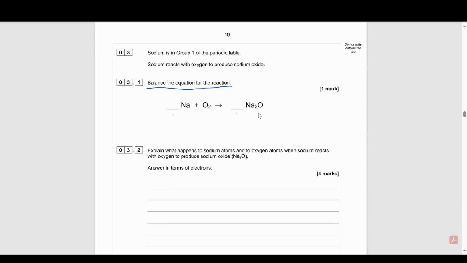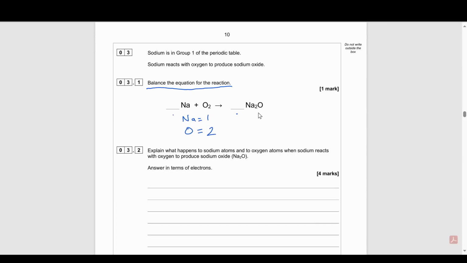So when balancing equations, what we should try to do is write out the atoms that we have on both sides of our equation, and we're looking to see which numbers are not equal. For sodium right now, we have 1 atom. For oxygen on our reactant side, we have 2 atoms.